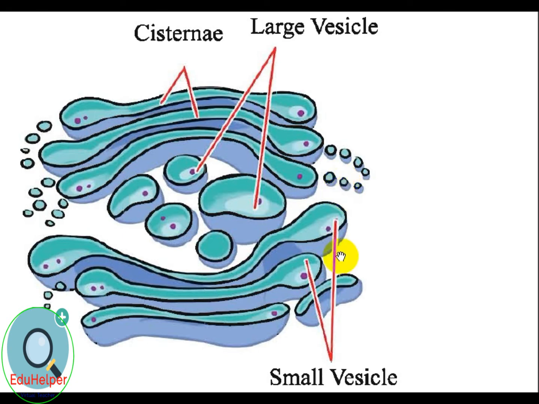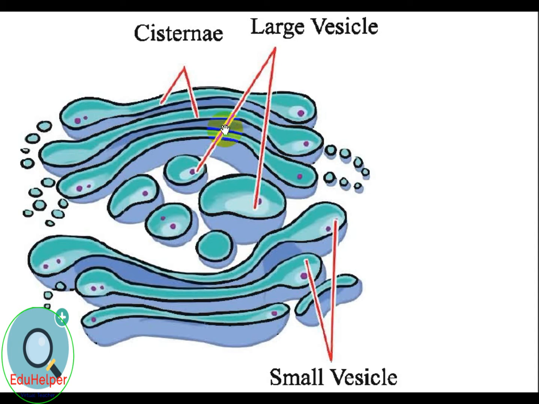Typically, the Golgi apparatus appears as a complex array of interconnecting cisternae, vesicles, and tubules. Cisternae are central flattened plate-like or saucer-like closed compartments held in parallel stacks one above the other.